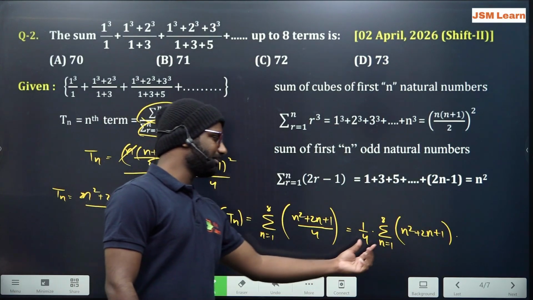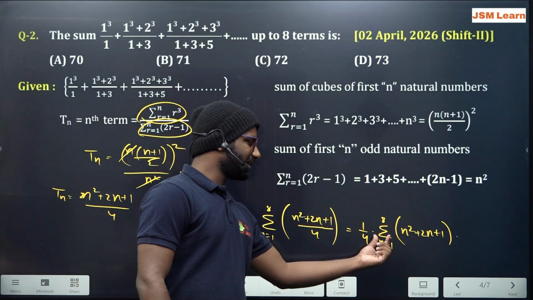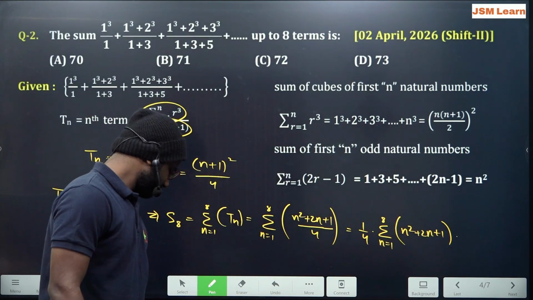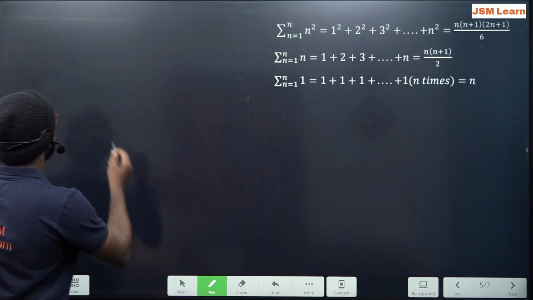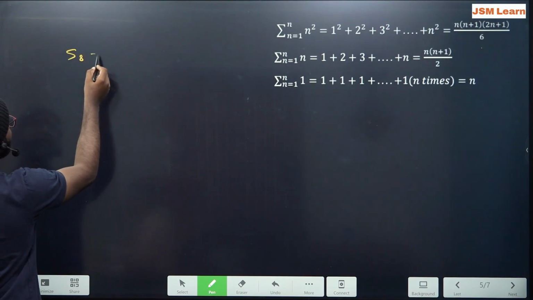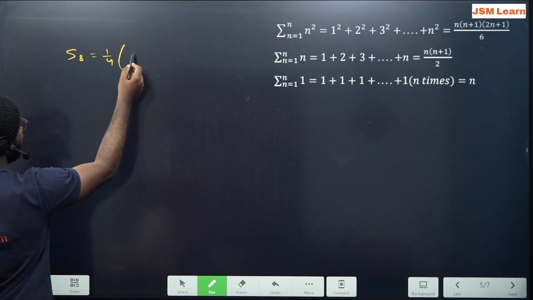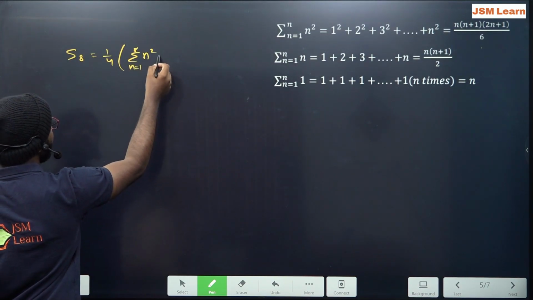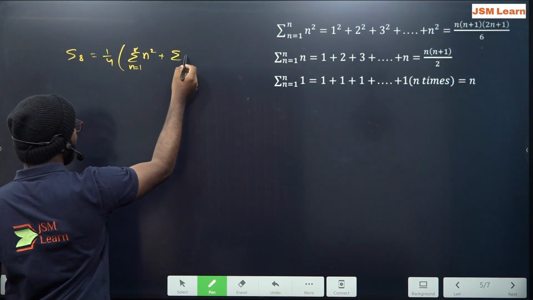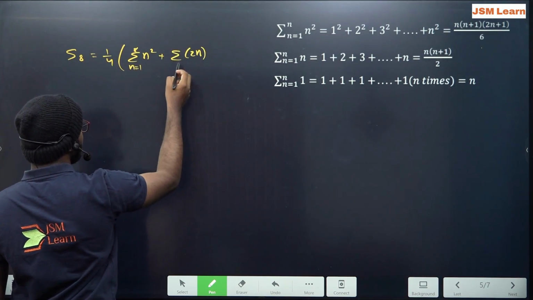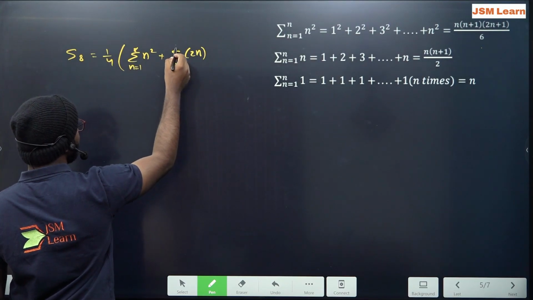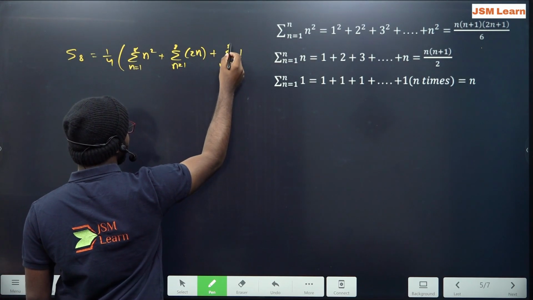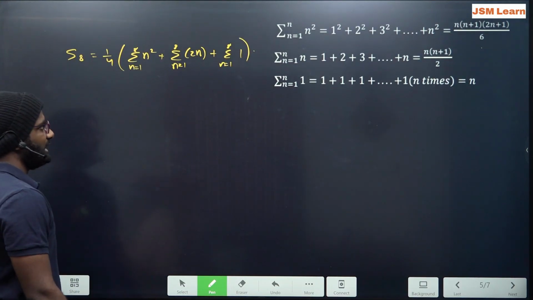Now we are going to simplify by applying the summation to each term of Tn. So the sum of 8 terms is equal to 1 by 4 times [sigma n squared, where n runs from 1 to 8, plus sigma 2n, where n runs from 1 to 8, plus sigma 1, n running from 1 to 8].